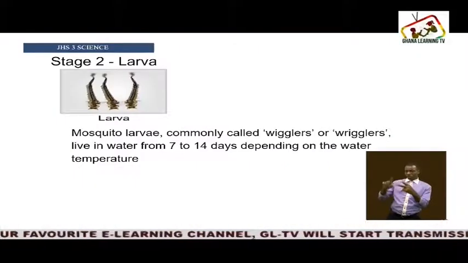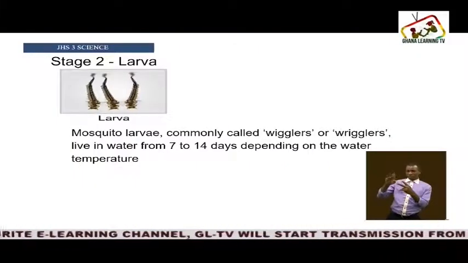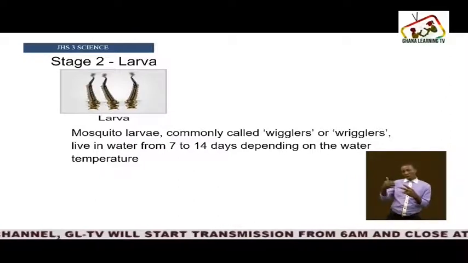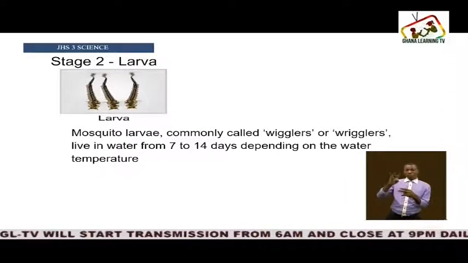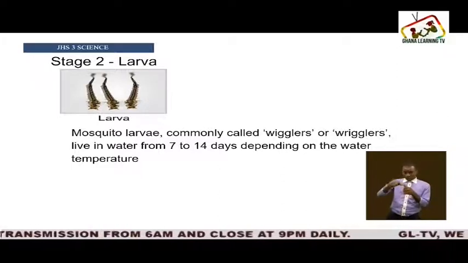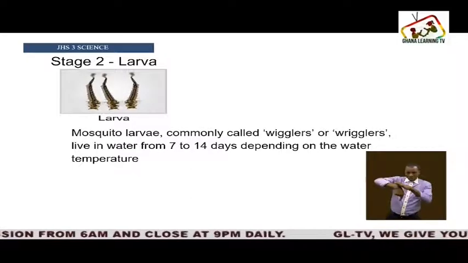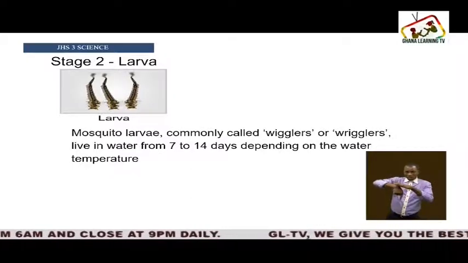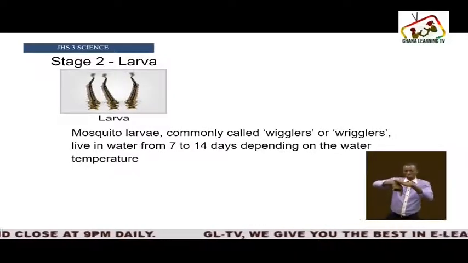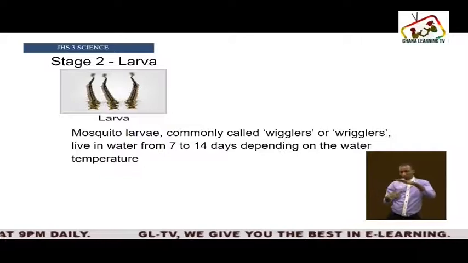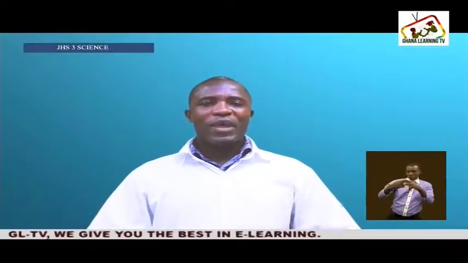The second stage is the mosquito larvae. The larvae are also known as wrigglers or wigglers. The head is turned upside down. This is the siphon. From the keywords, I said those are the words that we are going to use.